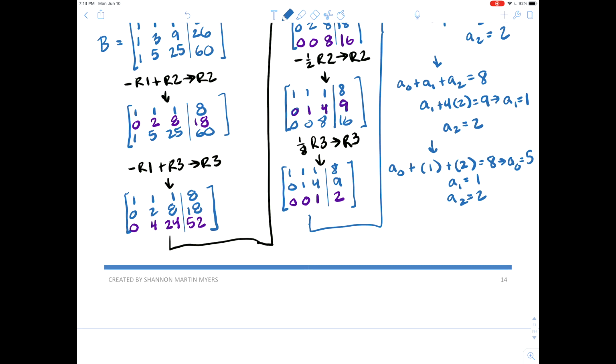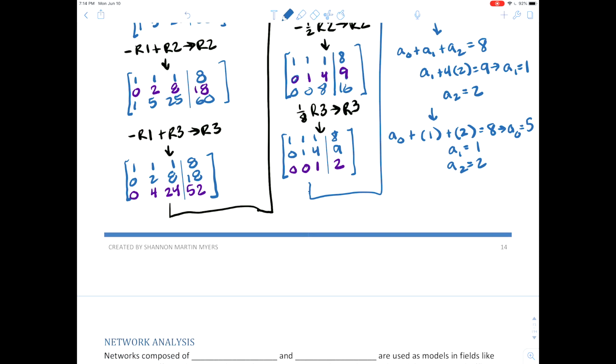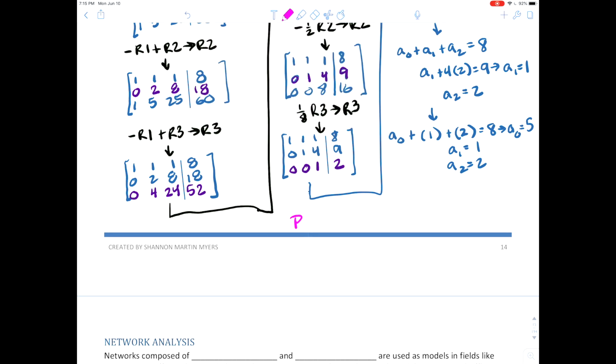So putting that back into the form of the polynomial, what's going to happen? Our polynomial in x, then, from this information here, is going to be what? Well, remember it was A0 plus A1x plus A2x squared, right?